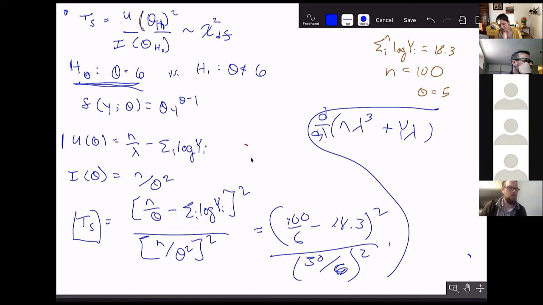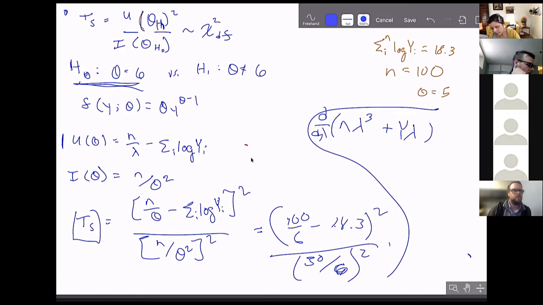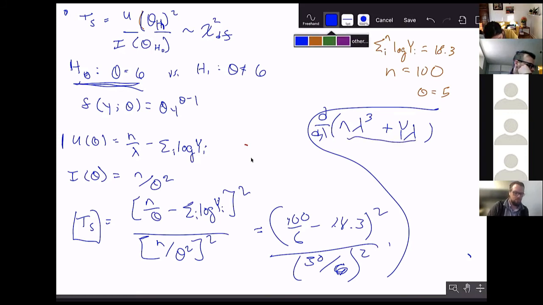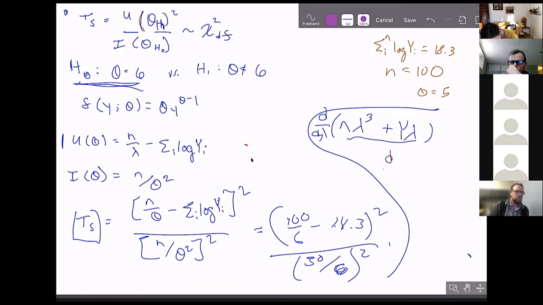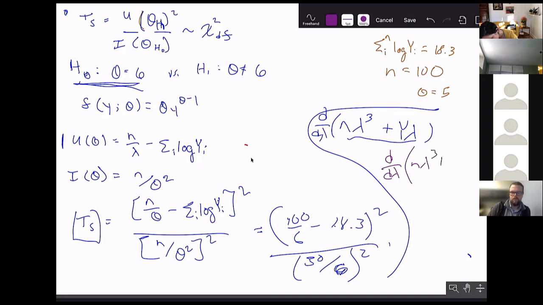That's an aside. It sort of implicitly comes up in the regression setting, but we're not going to get into the partial derivative stuff. Anyway, let's say we have this expression here. I'm going to rewrite it because my handwriting is hard to read. We're interested in taking the derivative with respect to lambda of n times lambda cubed plus y times lambda.